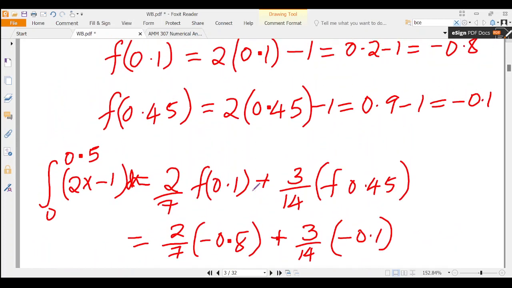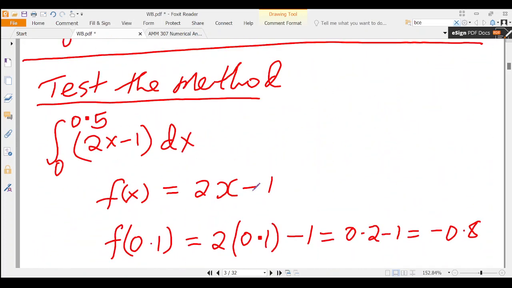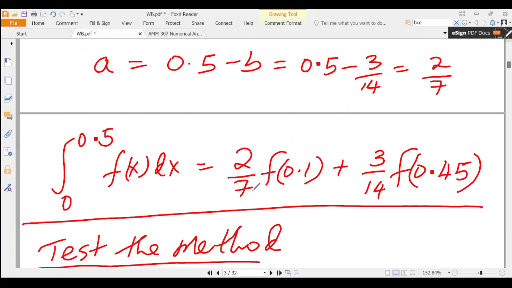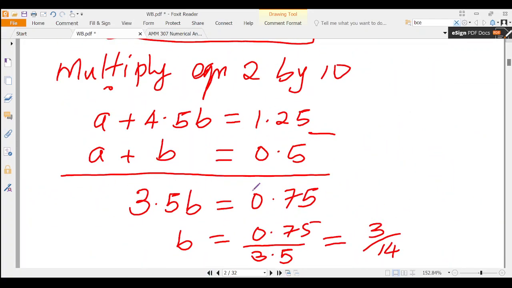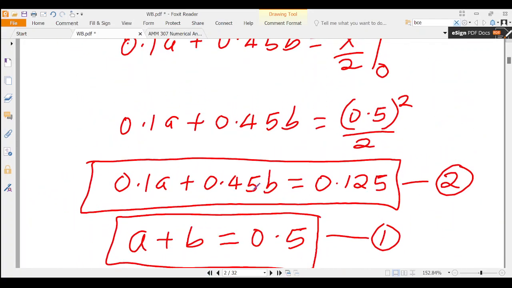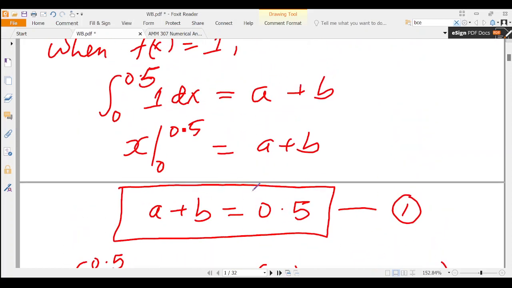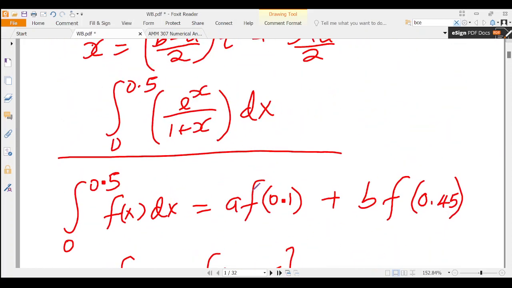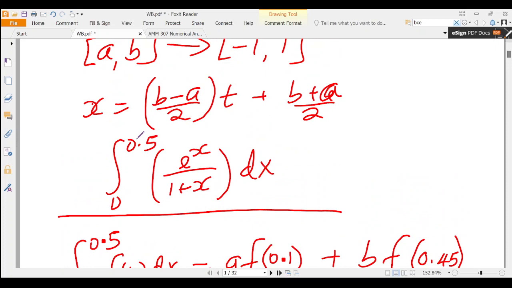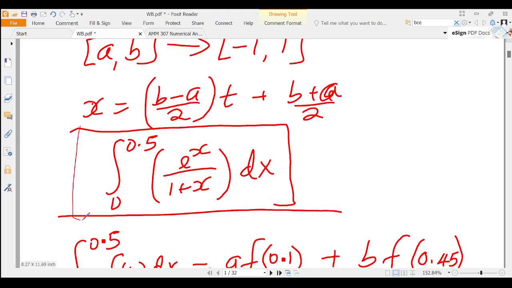So in this case, we can now apply this method to evaluate another integral. If we have the integral that we had started with, we wanted to evaluate this integral. We can now use the method that we have generated to work this out.